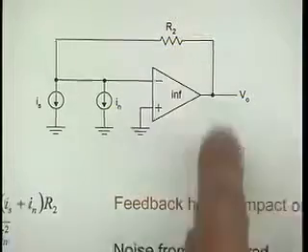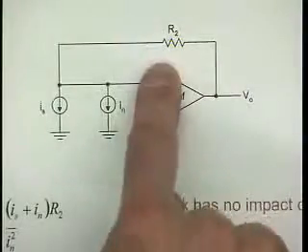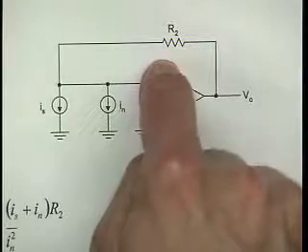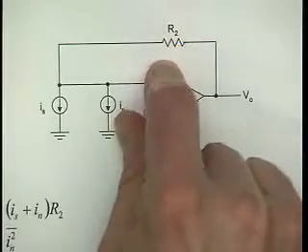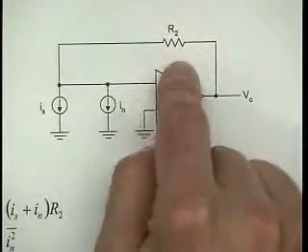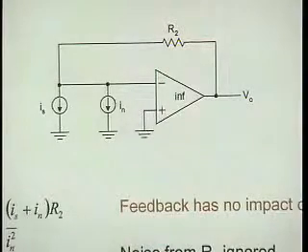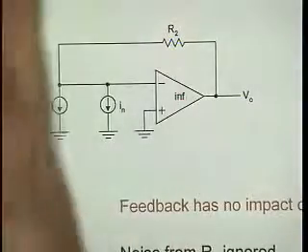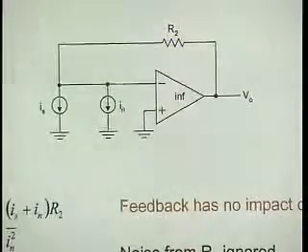And in this example, incidentally, I ignored the noise from the resistor because I'm only interested in this now. I know already that the feedback network gives me extra noise, and I trust that you will go through the example on the previous page and make sure you can calculate that.